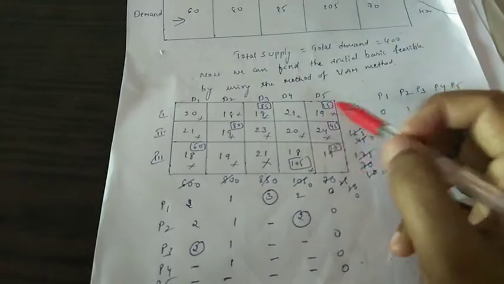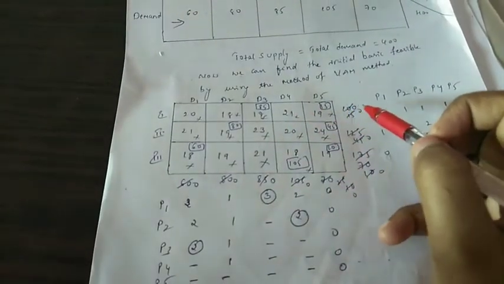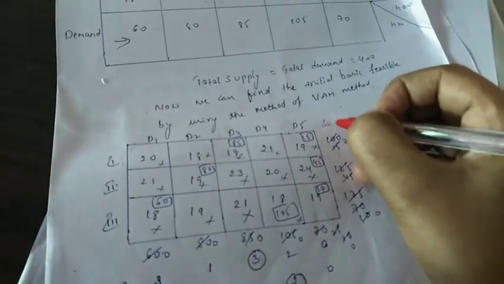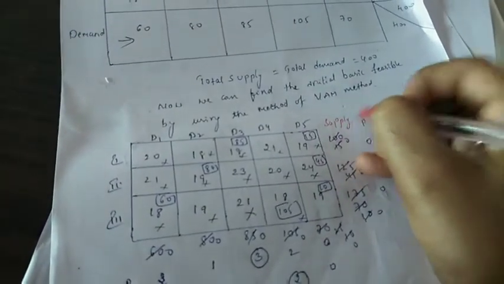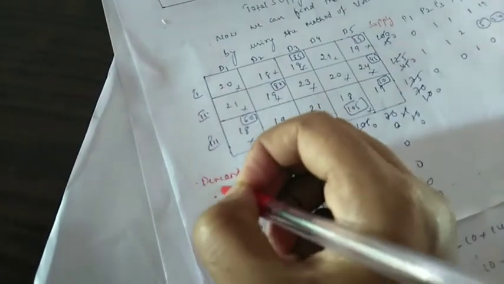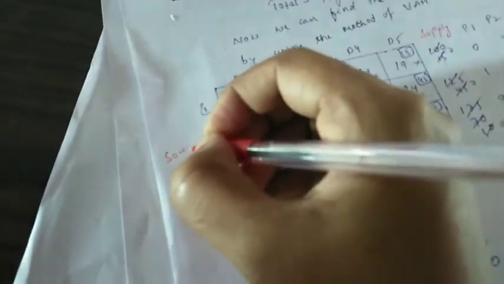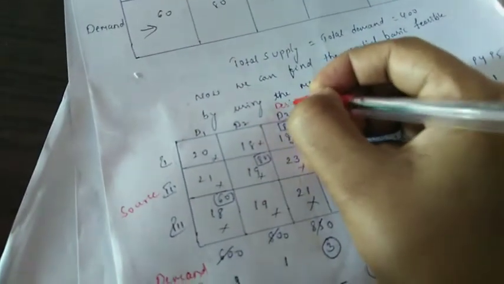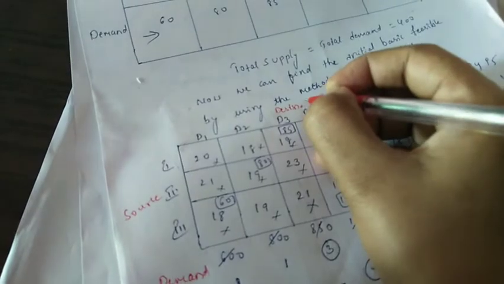Take the minimum, and here we select the minimum of supply and demand. This is supply, and this is demand. Already we know how to solve the problem by Vogel's approximation method. This is the source, and this is the destination, with demand and supply.